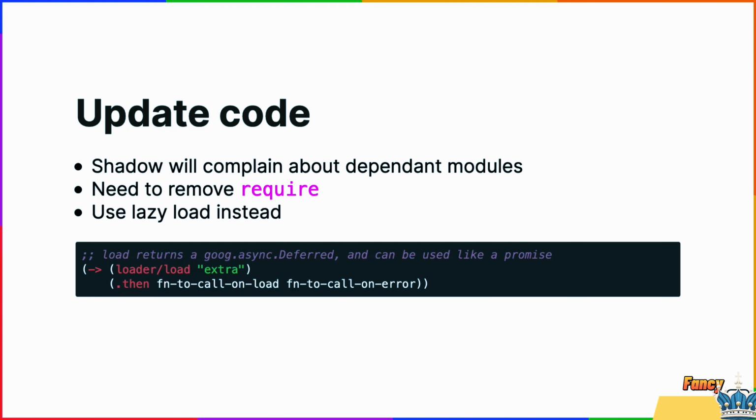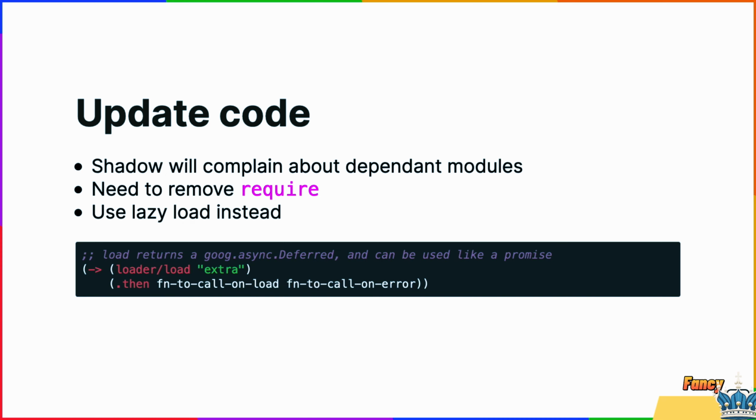We have the modules now, but if you run the app as it is, Shadow will complain about not being able to split. This is because the modules we split out are not being loaded dynamically. Since we split out modules by routes, and our routes are reagent components, we need to create a component capable of lazy loading modules. For other code which is not in the React lifecycle, the shadow.loader/load function can be used to load modules as needed.